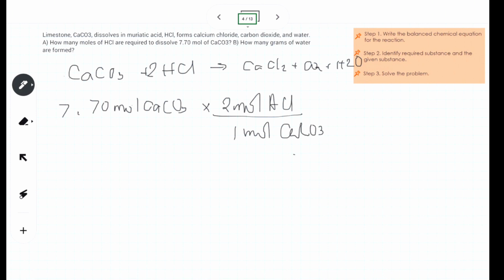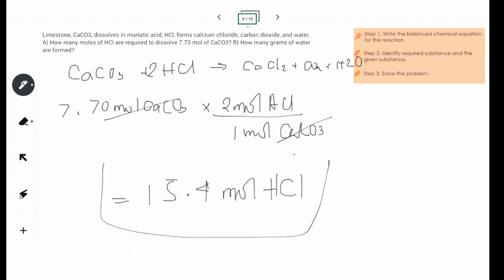After canceling units, we are left with moles of hydrochloric acid. Therefore, 15.4 moles of hydrochloric acid are required to react with 7.70 mole of calcium carbonate.